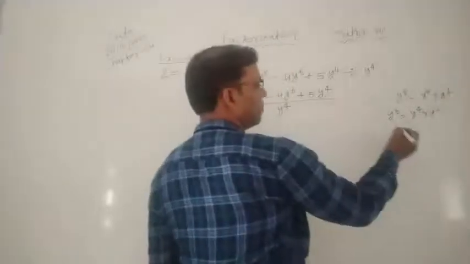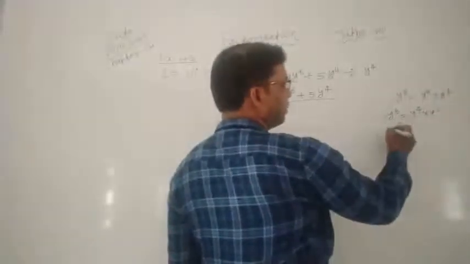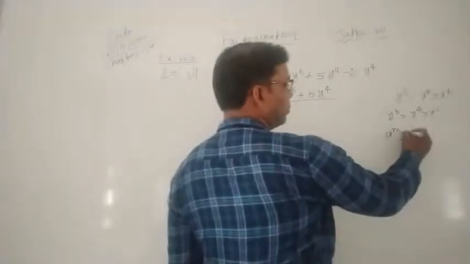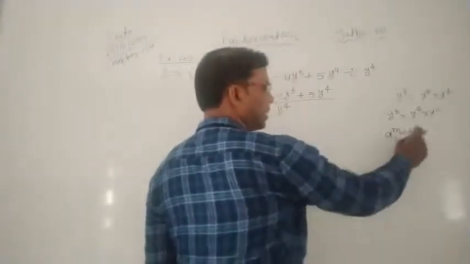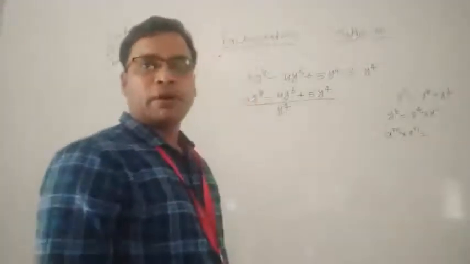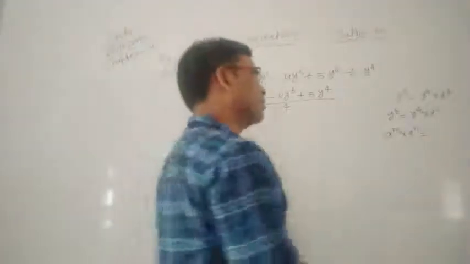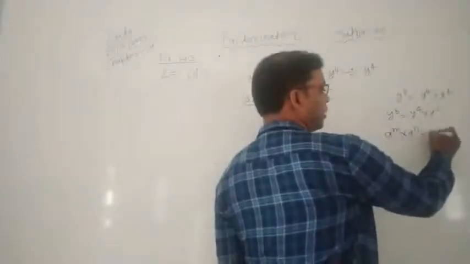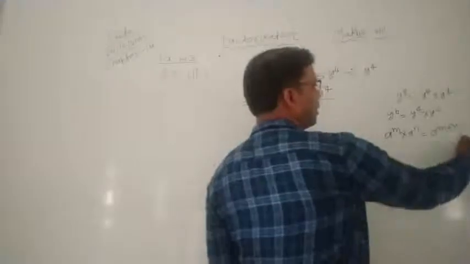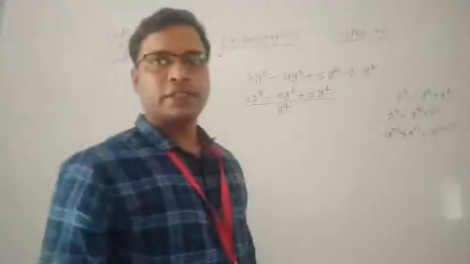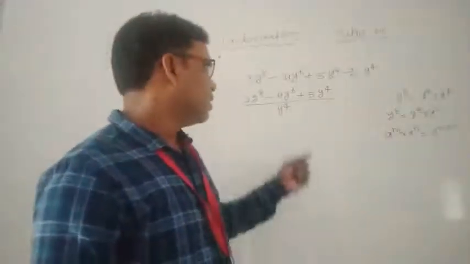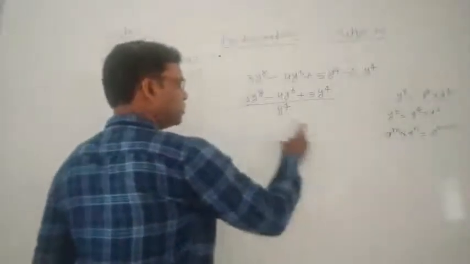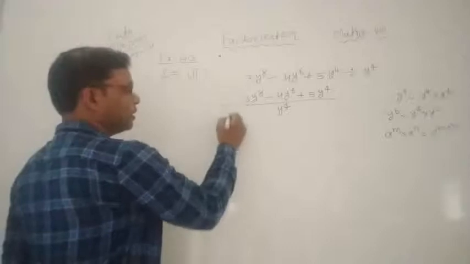Because you know very well, if a power m into a power n, the bases are same, then the powers will be added. So you can write it a to the power m plus n. Okay, this is clear now. So according to this law of exponents, we can write y power 8.